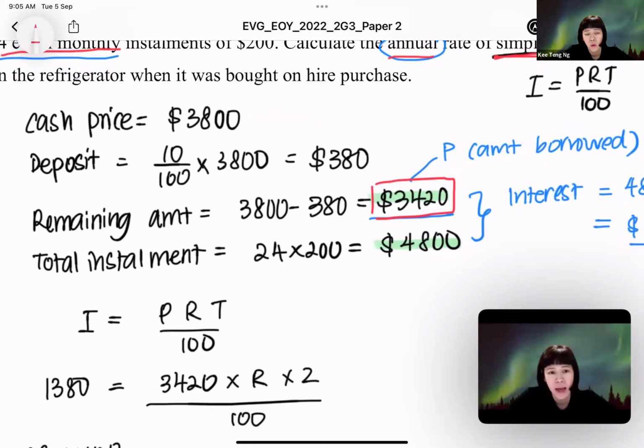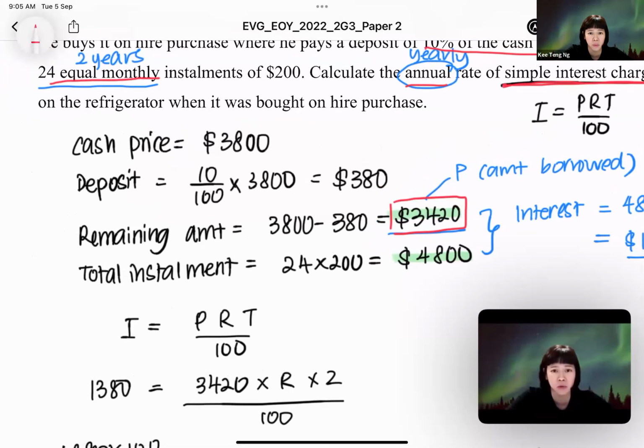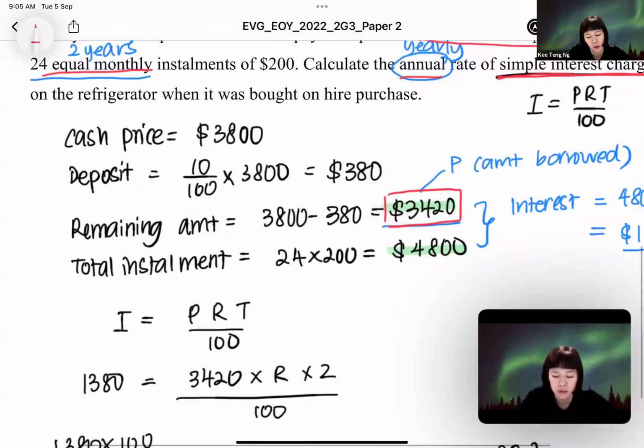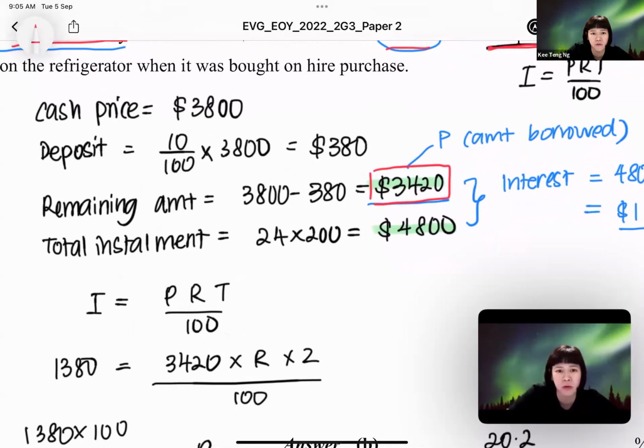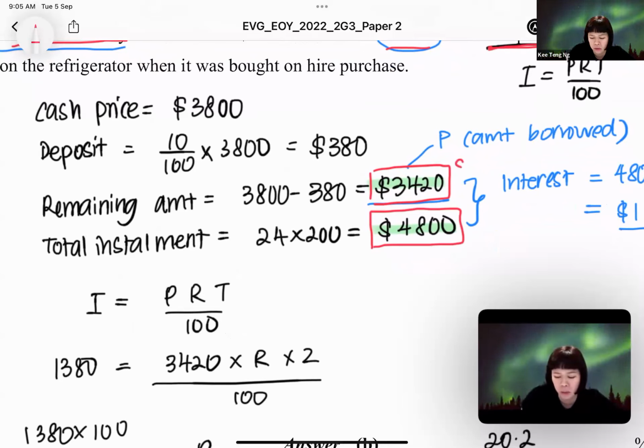Then what else did they tell me? They already gave me the monthly installment that I'm supposed to pay, which is 24 months of $200, so I'm going to calculate my total installment. For this amount of money, $3,420 that I owe, I'm paying a total of $4,800. So this is the starting amount that I owe them, but this is the end amount that I need to pay.